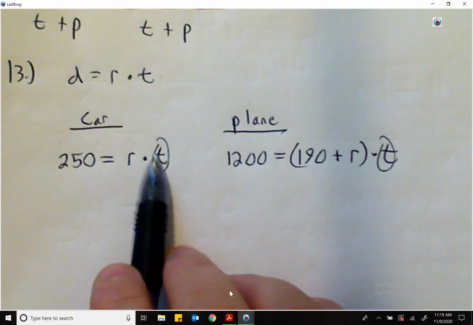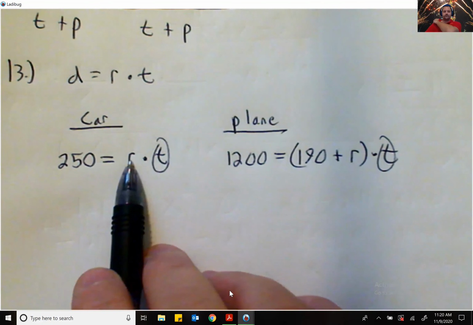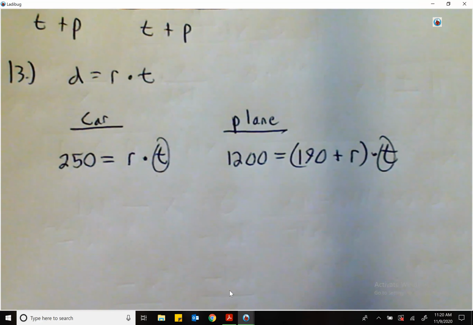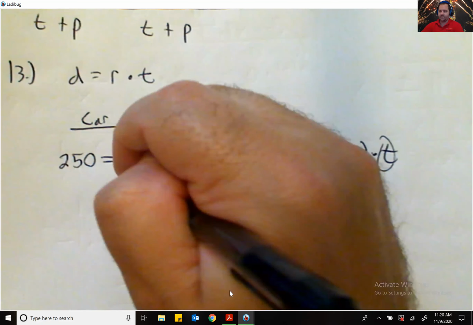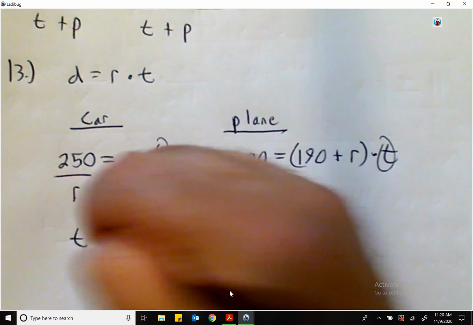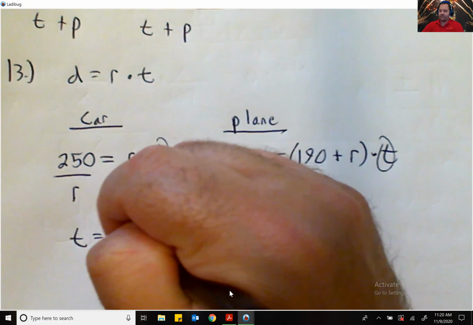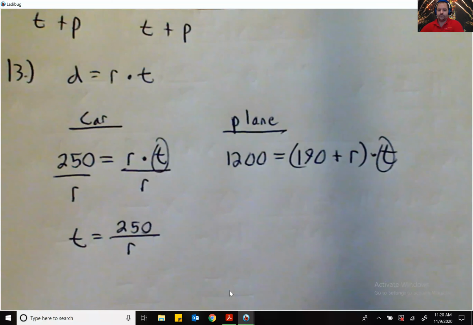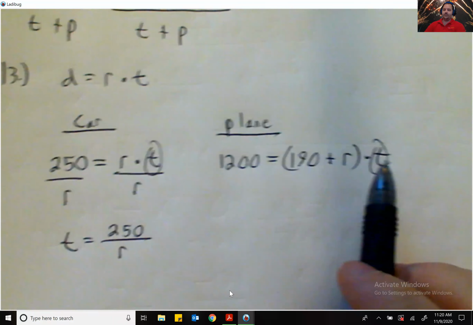All right. So get this t by itself then. How do I get t by itself? What are we going to do with this r? Divide, because it's multiplication. So we know the car's time was 250 divided by r. Now get this t by itself for the plane.